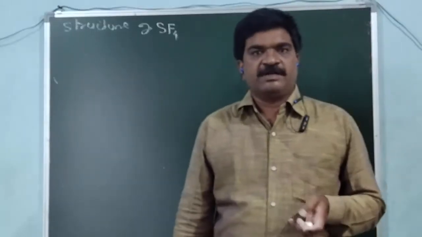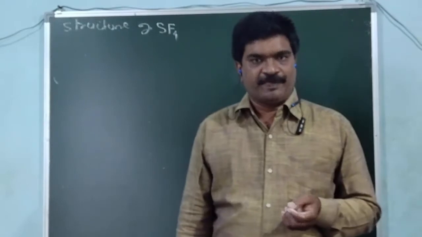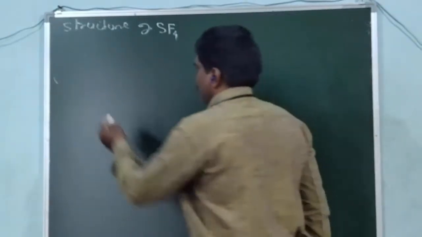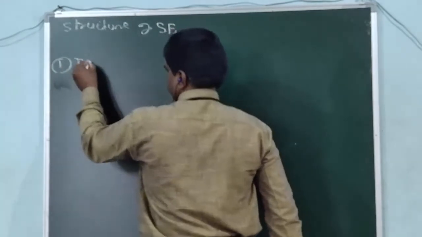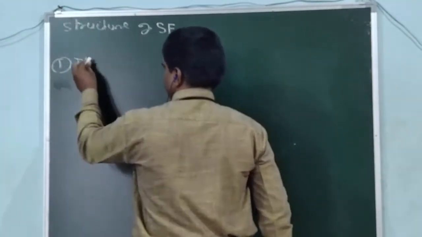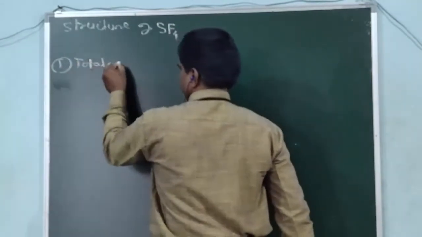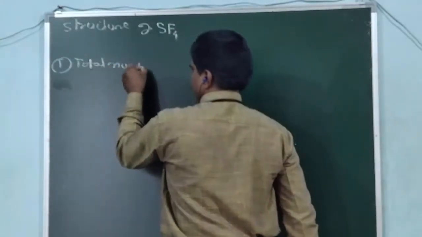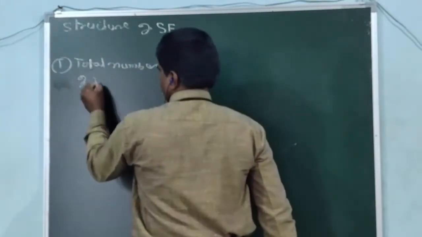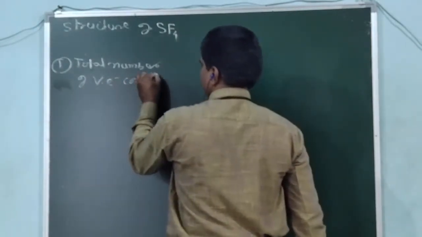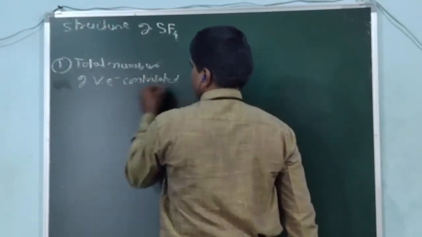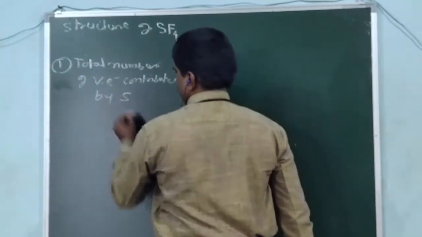Now let us consider the structure of SF4. As usual, number 1, the total number of valence electrons contributed by sulfur.